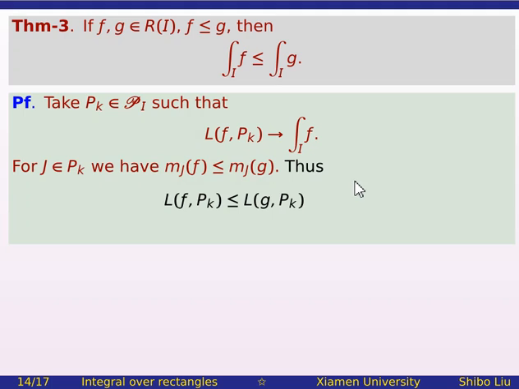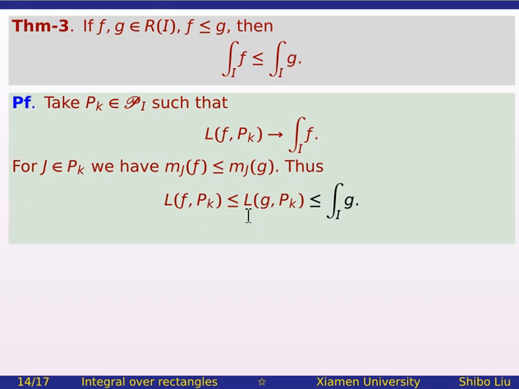So this means that the lower sum of f will not be greater than the lower sum of g with respect to the same partition. If the partition is different, we have nothing to say. But for the same partition, we have this inequality.